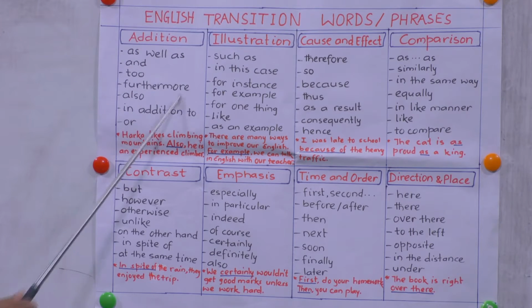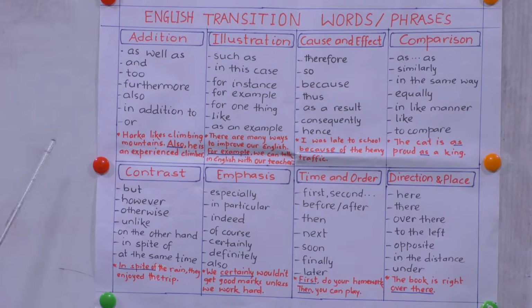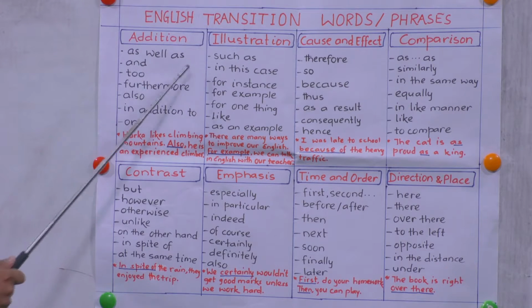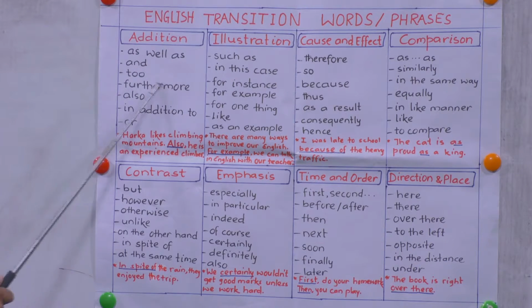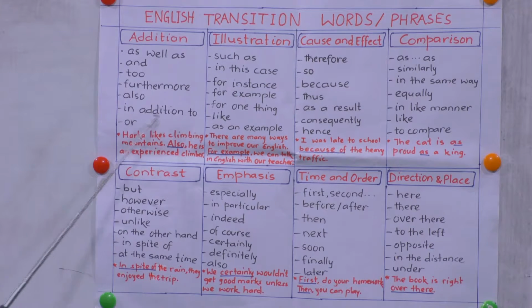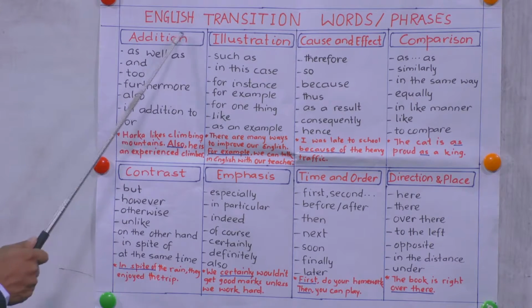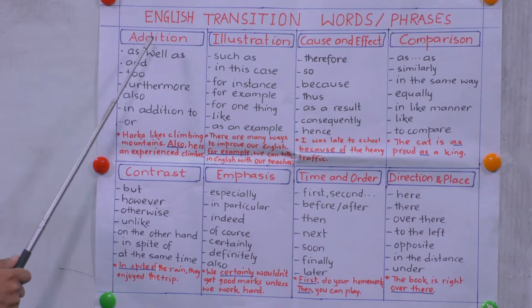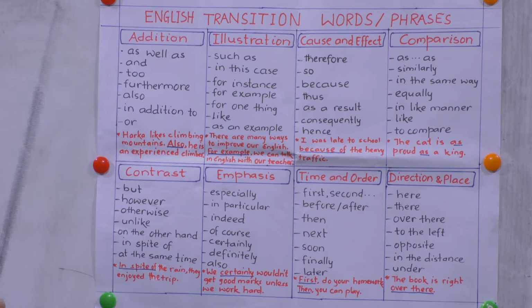This category of transition words is used to show addition. You can see there: as well as, and, to, furthermore, also, in addition to, or are. So this means these words or phrases are used to show that some additional information is given there.